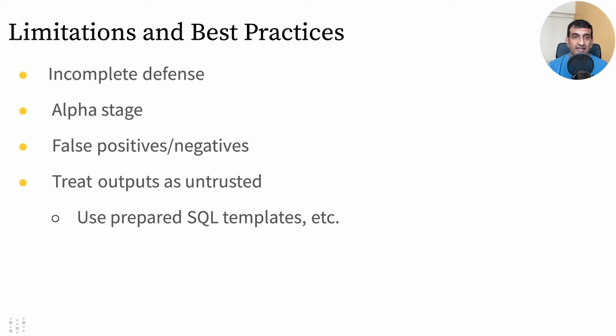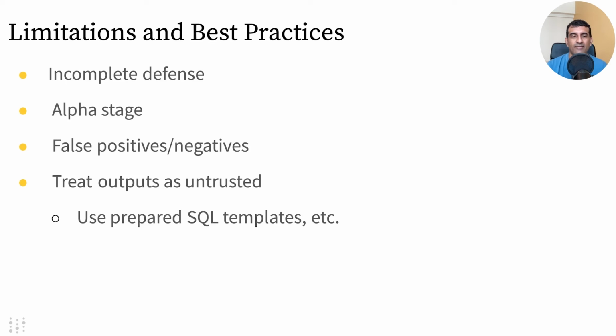And even with prompt injections, we don't think we can catch all of them. Of course not. Rebuff itself is still at the alpha stage. We do see some false positives and negatives, which is why we try to give as much information to you as a user as possible, like the scores. We do also see that the more we're learning and the more data we're collecting in our vector DB, the more we are able to reduce the number of false positives and negatives. But it's something that you should definitely look out for.